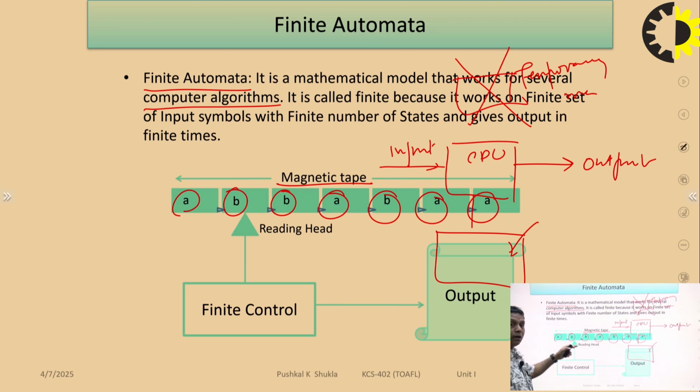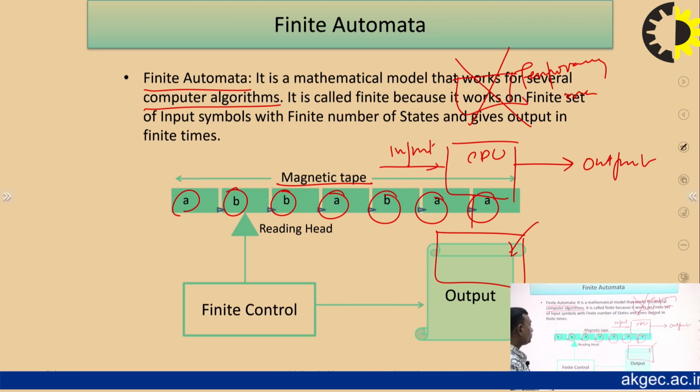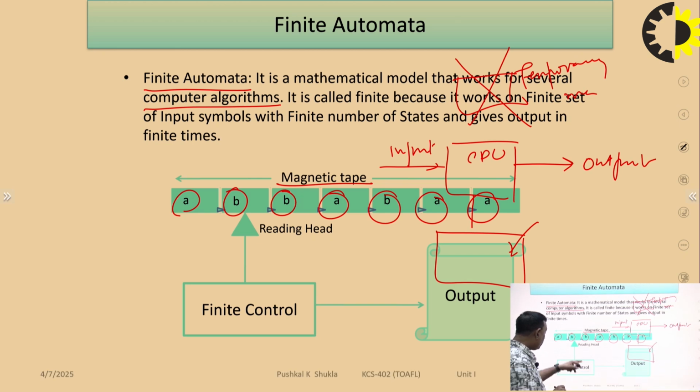Here we see a block diagram of the finite automata in which magnetic tapes are there. Magnetic tapes are divided into different squares, and each square is capable of holding one symbol at a time, and there is a finite control system which controls the states. Initially different states are there: Q0, Q1, Q2, Q3 up to Qn.